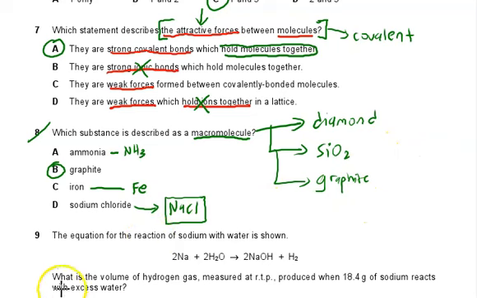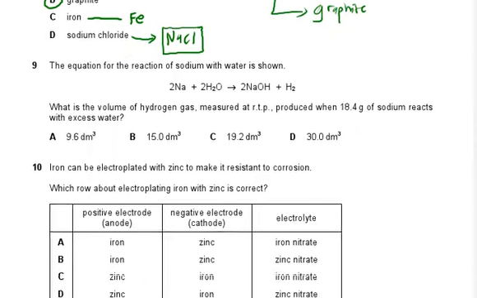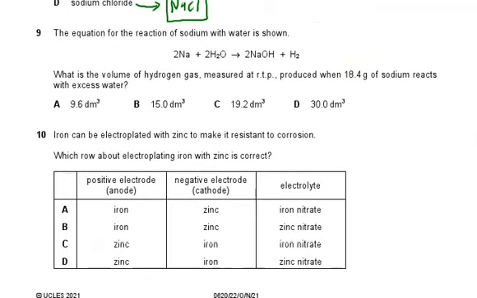Now we move on with number 9. The equation for the reaction of sodium and water is shown here. When they mix with water, we will have hydrogen.